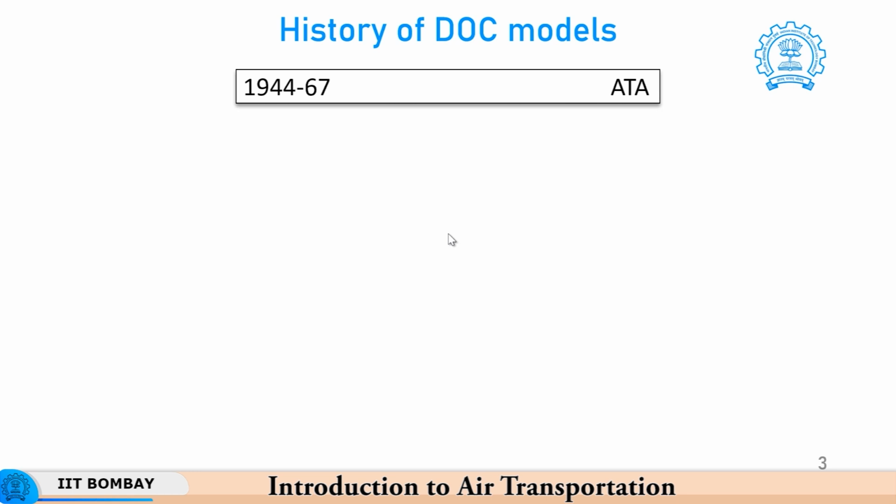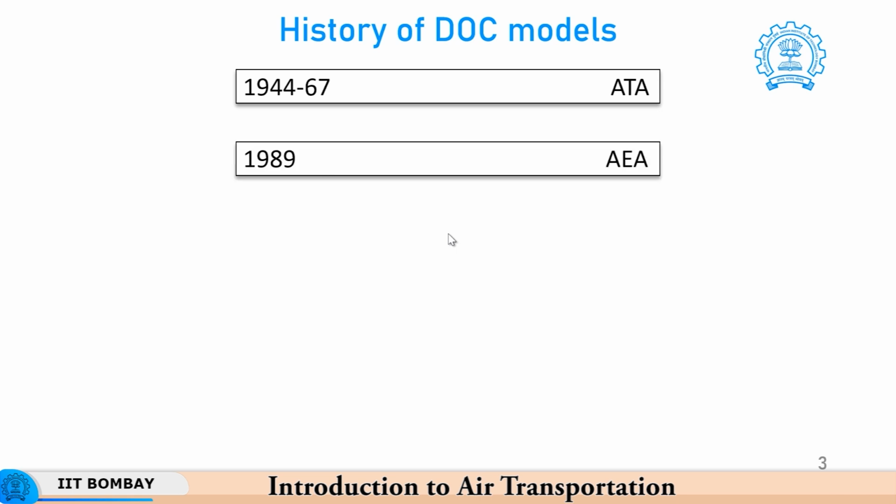So, the first of these models worth mentioning was given way back in 1944 by ATA, and it was finally updated in 1967. So, we will call this the ATA model. The next model appeared in 1989. It was given by the organization called AEA, Association of European Airlines.